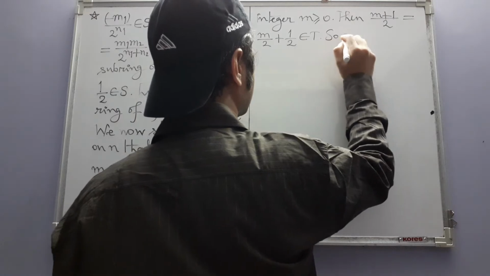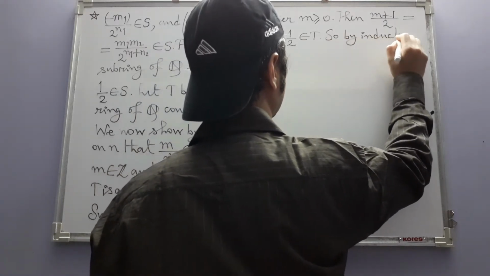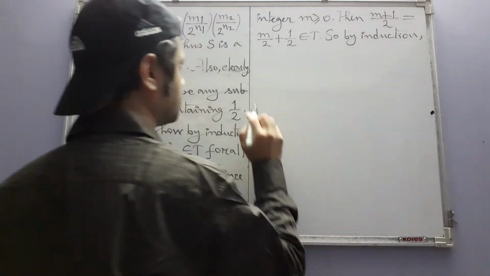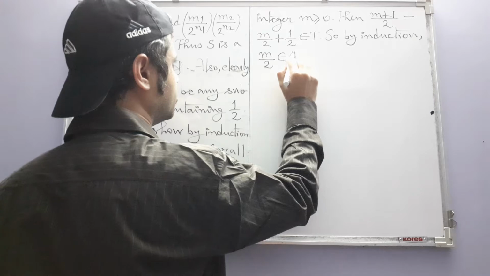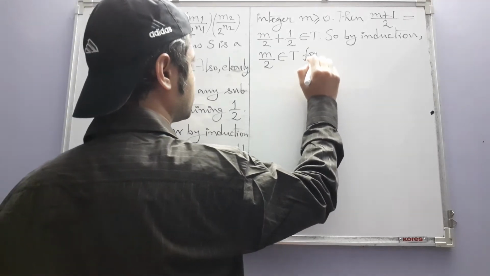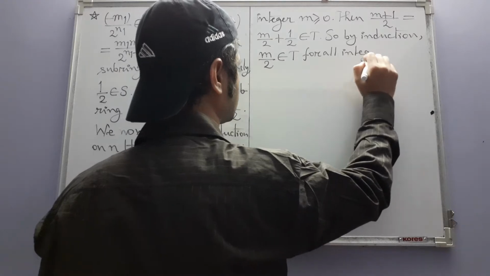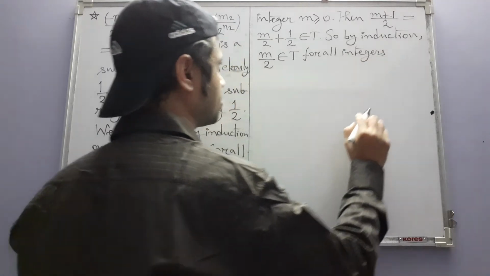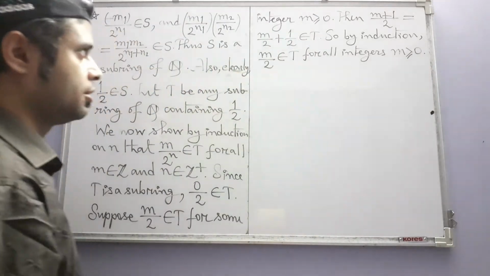So by induction, m divided by 2 belongs to t for all integers m greater than or equal to 0.